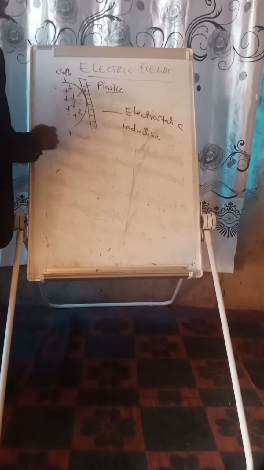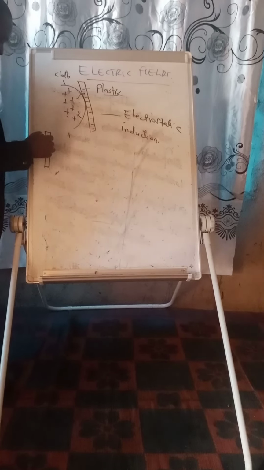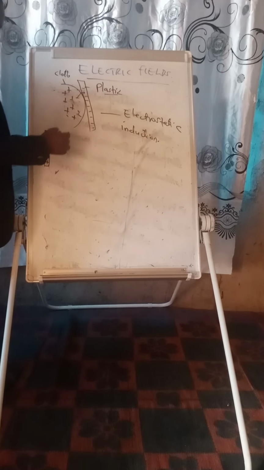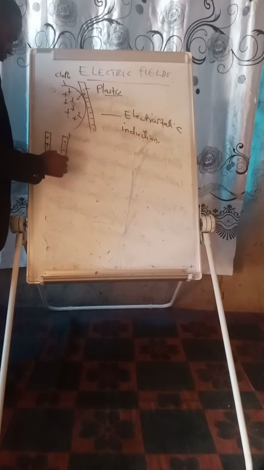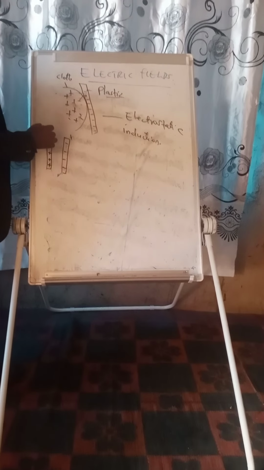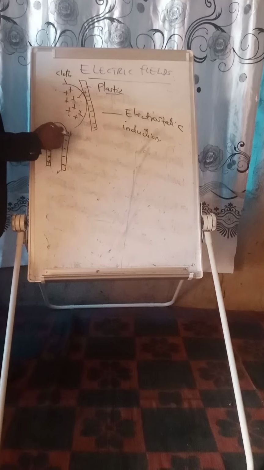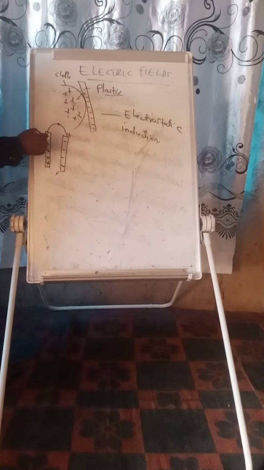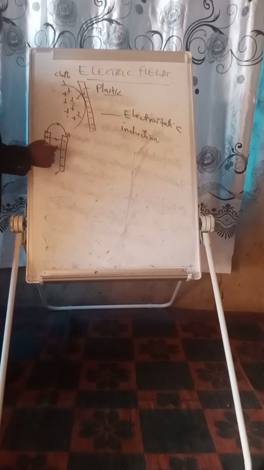For example, let's say this is a positive plate and this is a negative plate. We find that there are some electric fields which will be formed, like this.